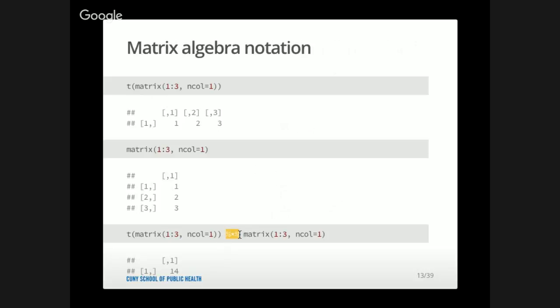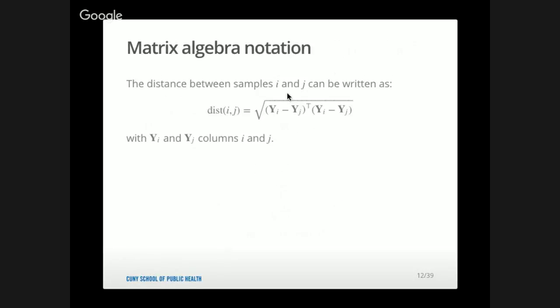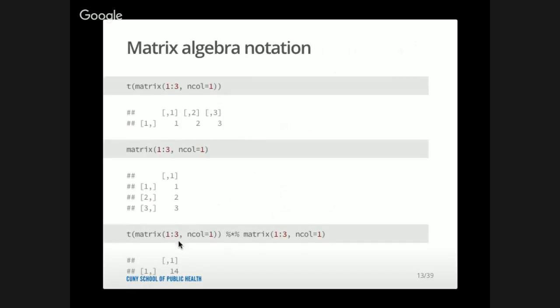This is matrix multiplication notation in R. So recall on the previous page we had yi minus yj transpose times yi minus yj. So I'm going to take the transposed matrix and do a matrix multiplication by the untransposed matrix like we saw there.